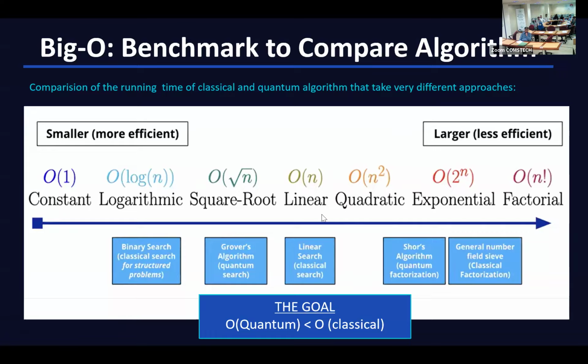So in the case of linear searching, if we have a large dataset and we need to search for one thing inside it, we will search one by one. So it's basically an n step process, and the big O notation will be O of n.